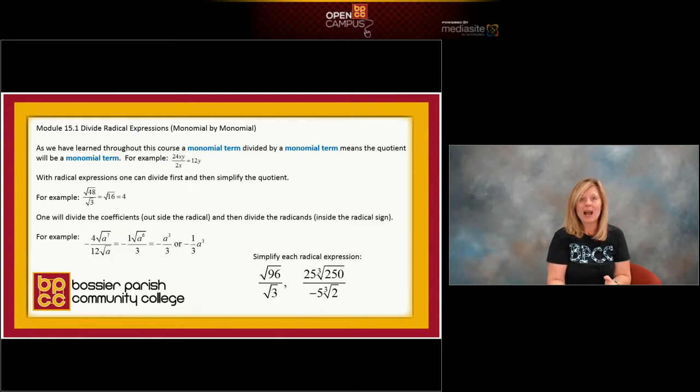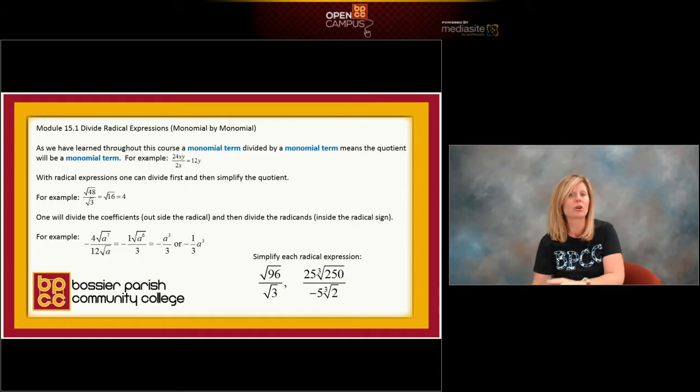Then we have our radicands. We have a square root of a to the 7th, and we have a square root of a. So we both have the same index. Our root is index 2. It's a square root. So we're going to take our radicands and divide them. But they're variables. So the rule is when we divide variables, we subtract our exponents. So our first variable has an exponent of 7.